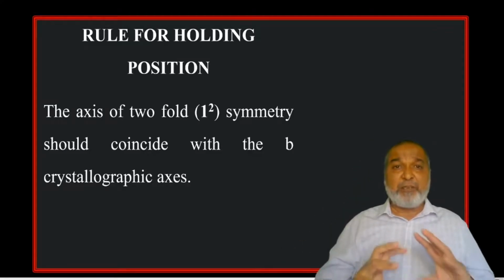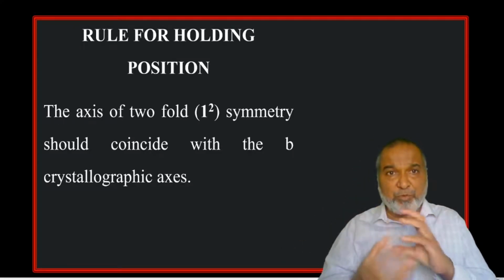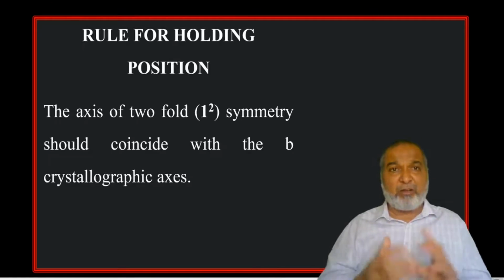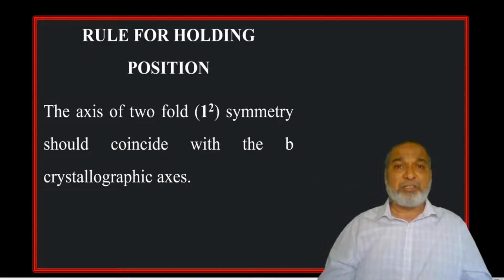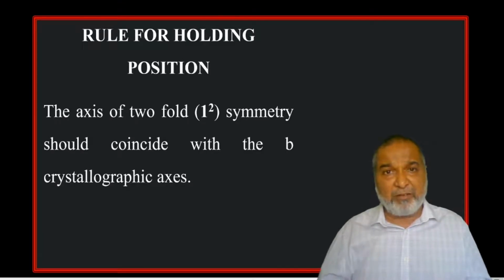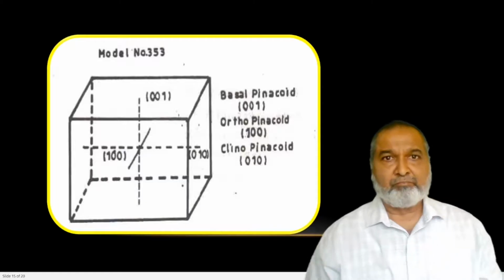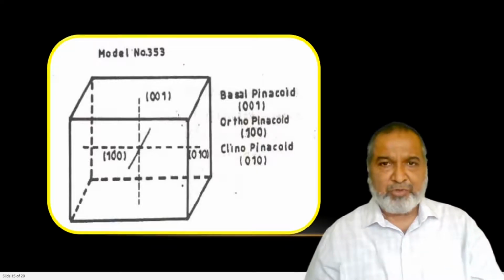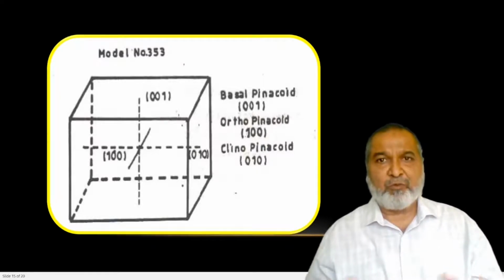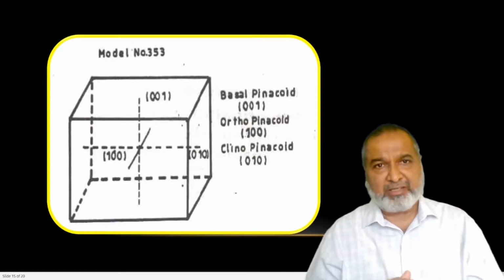This is where you have to turn the position of that particular monoclinic model correctly, and you can find all the faces or forms very easily. After seeing the rule for holding position, one axis of two-fold symmetry should coincide with the B axis.